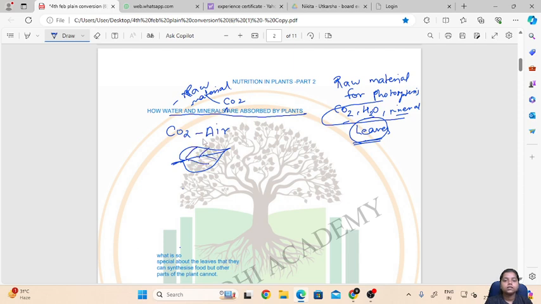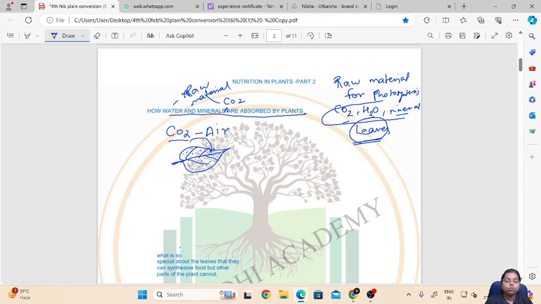On this leaf, there are very small pores which are present on the surface of the leaves. So this carbon dioxide gas is directly absorbed through these pores on the leaves.